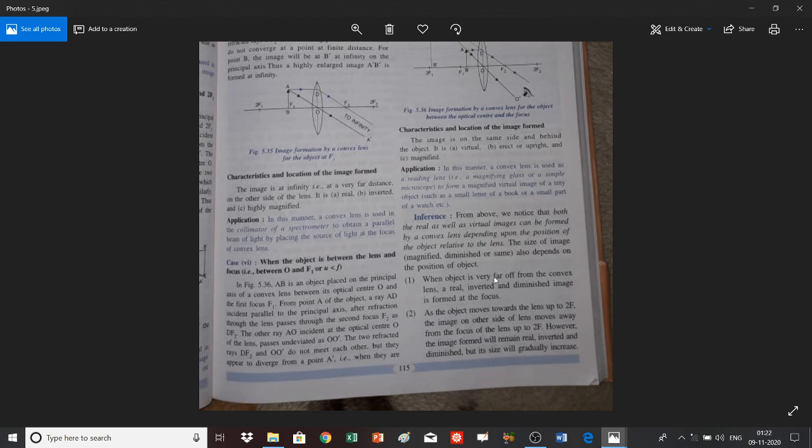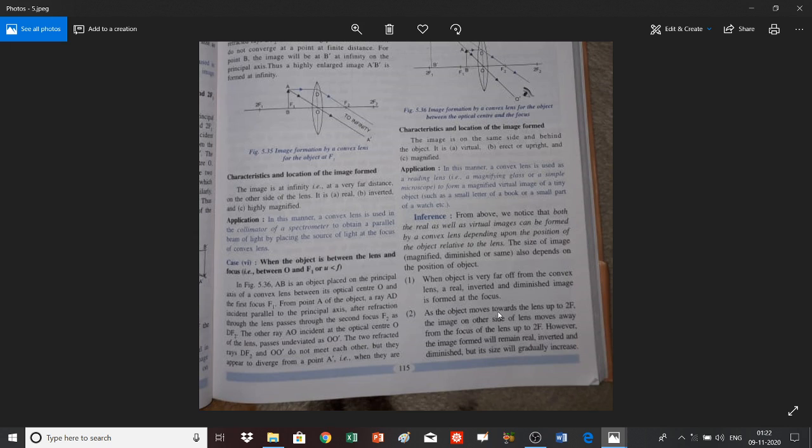See here, this is the lens, and when the object is at a very large distance, you have already seen that the image will be formed at the focal point, here. So that is written here: very far off from the convex lens, a real, inverted and diminished image is formed at the focus.